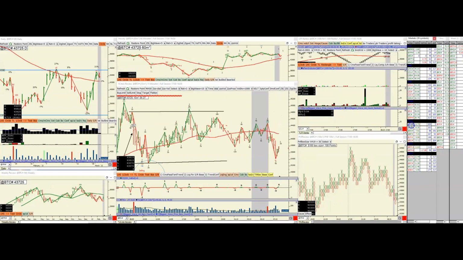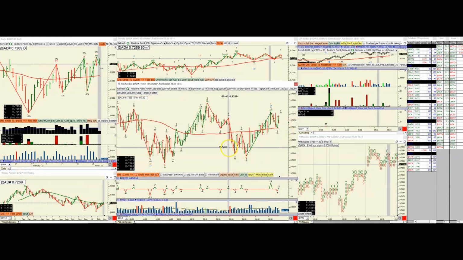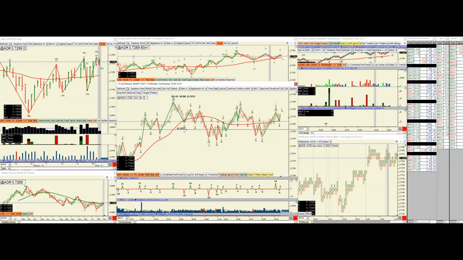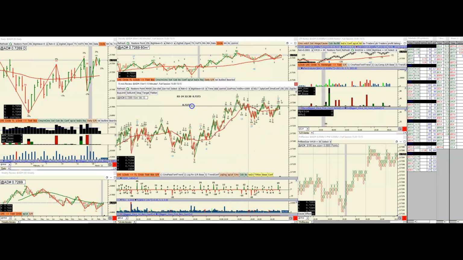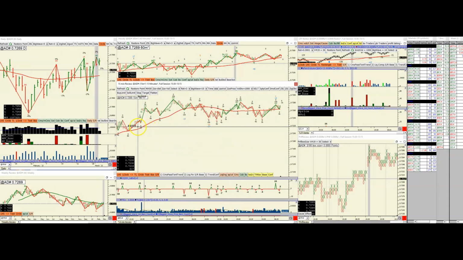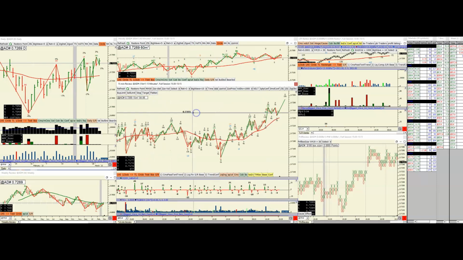Canadian dollar, oh, Aussie dollar also has, let me see. Just looks weird.